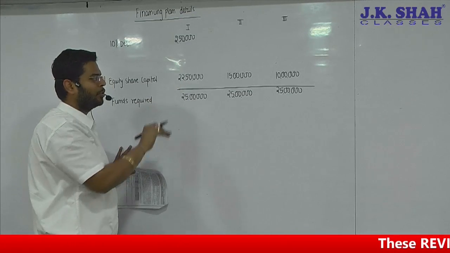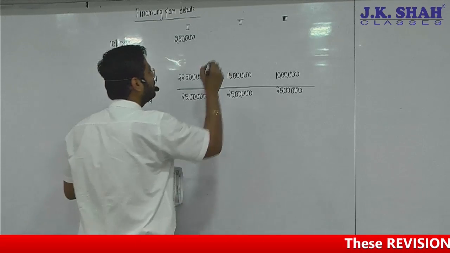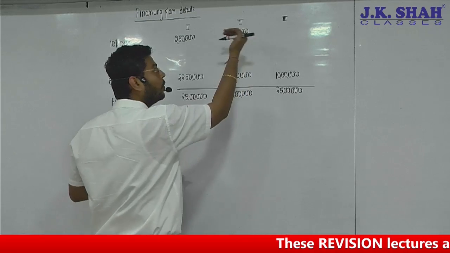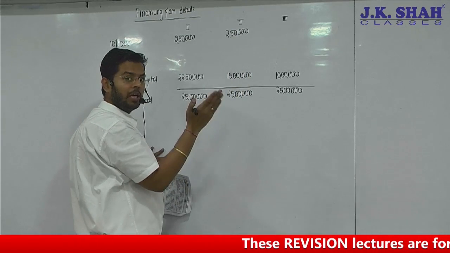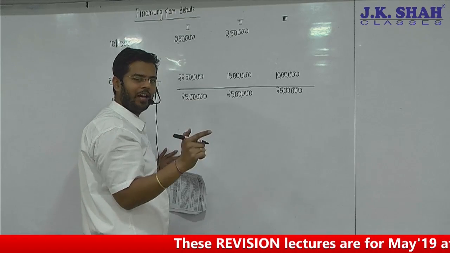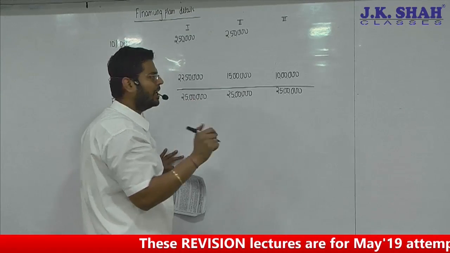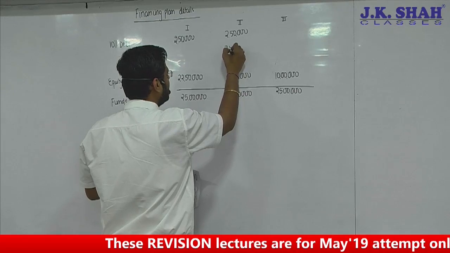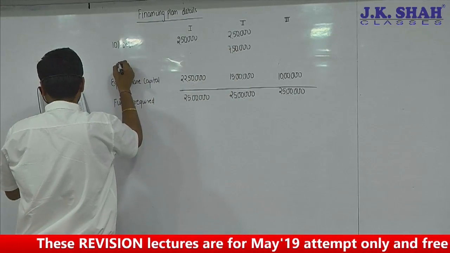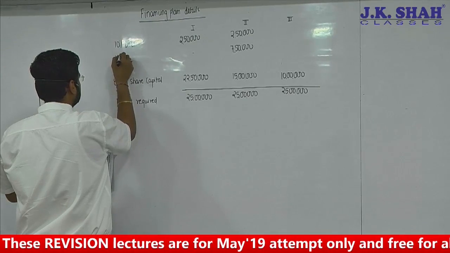In the second case, you need 10 lakh. So up to 2.5 lakh, you will still be charged 10%. Over 2 lakh 50,000, but up to 10 lakh, that means the next slab is of 7.5 lakh. So for 7.5 lakh, you will be charged interest at what rate? If you check, you will be charged interest at 15%.